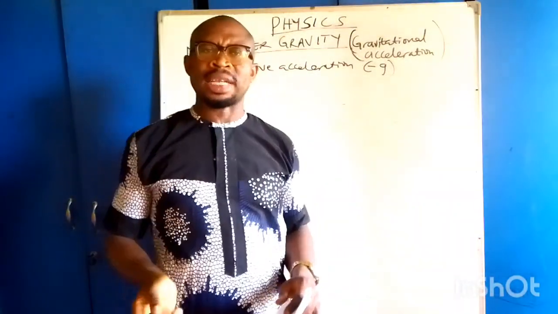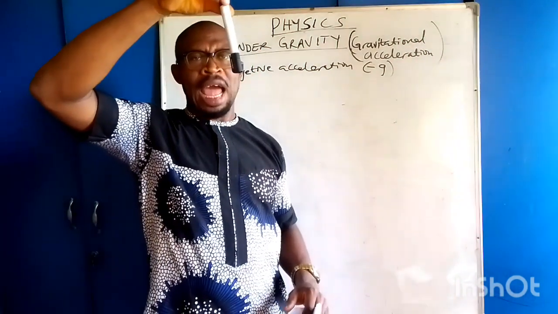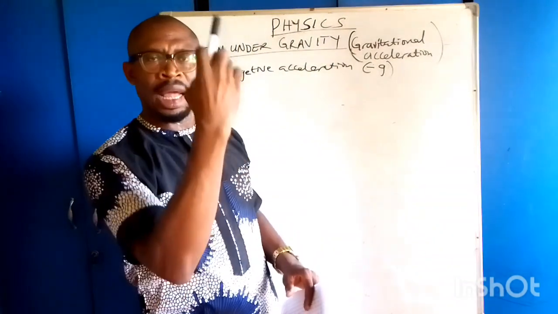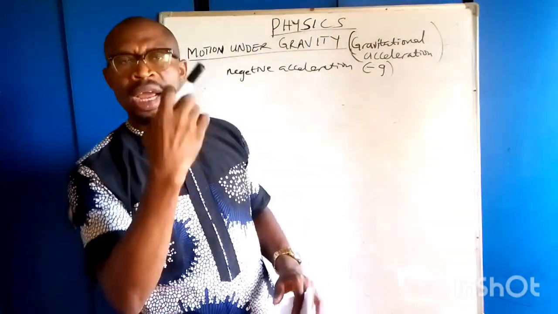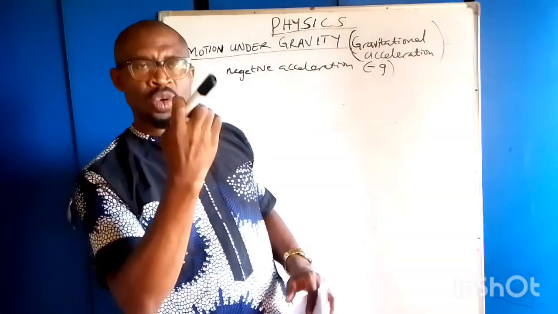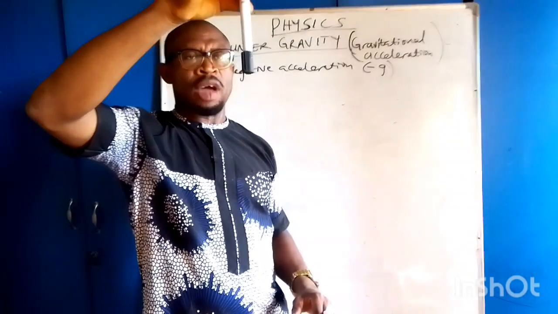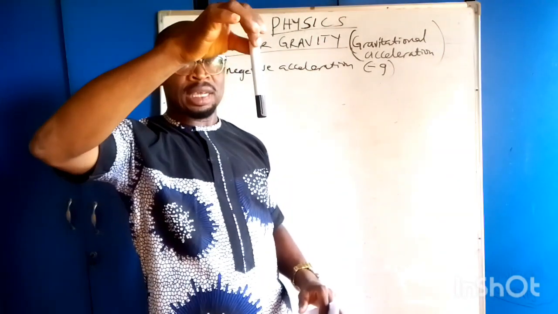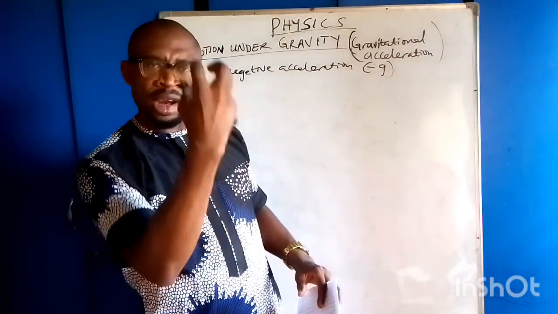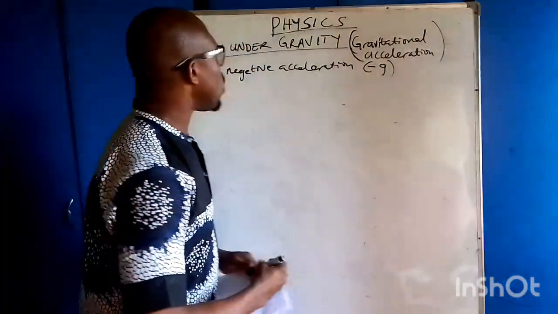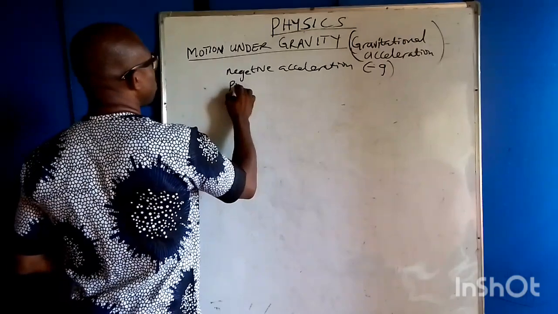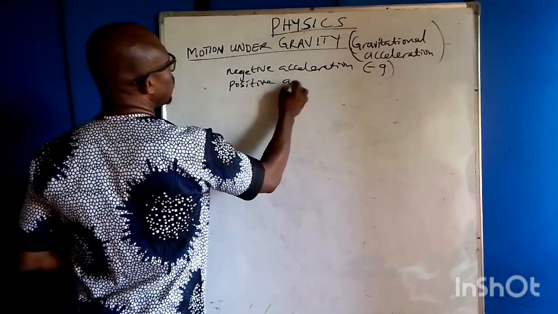Now, on the other hand, if it is dropped from a height, gravitational force is just the drag of the earth, or how the earth drags every other object towards its center. So, if I drop this from a particular height, because its motion is in the same direction as the gravitational drag, it experiences positive acceleration.